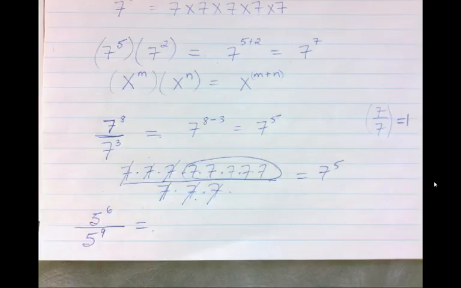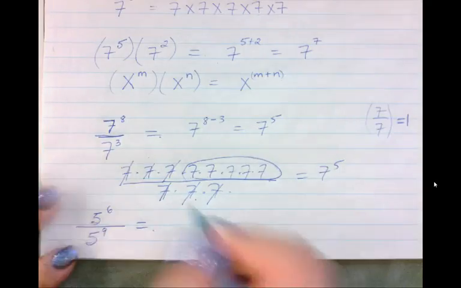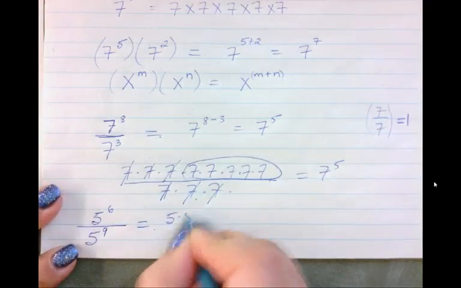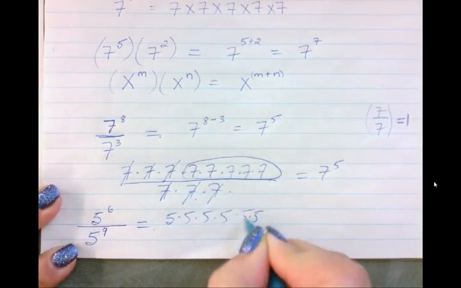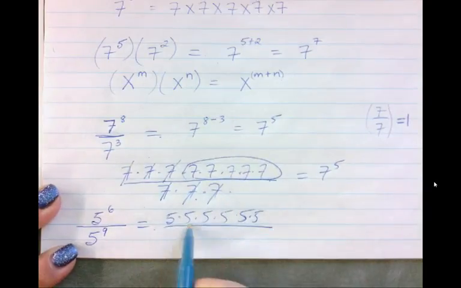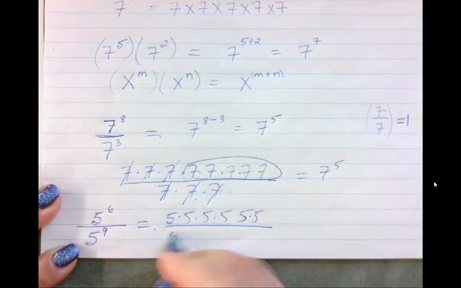Now, how come it becomes negative? Where do you have more 5s? In the denominator, right. So if I were to write this in expanded form, 5 times 5, 3, 4, 5, 6. Okay, and then how many 5s do I have here?